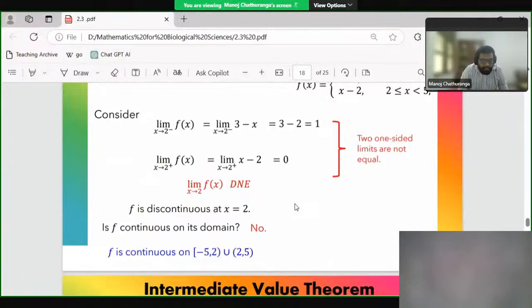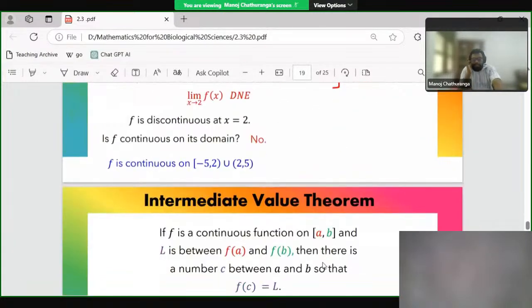Those are called suspicious because at those points things can go bad. But for points in the middle of the domain, if the function is a familiar function like a power function or a polynomial or a rational function, exponential function, usually we get continuous functions.